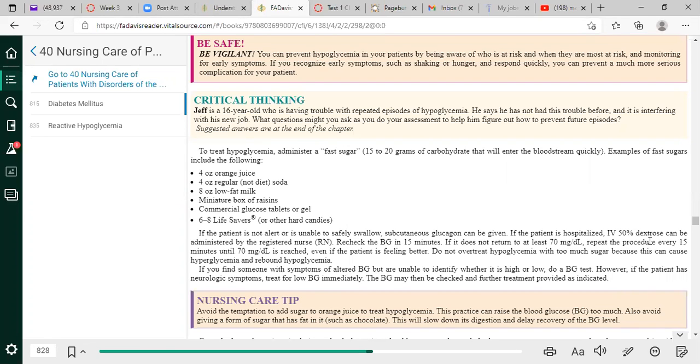So again, when you are dealing with patients who are NPO or who are unconscious, we need to actually give them IV dextrose, or again, give them sub-Q glucagon. I said IM, for some reason I thought glucagon can be given IM, but it's sub-Q. Whatever your book says, it's sub-Q glucagon, or we will give them IV dextrose.